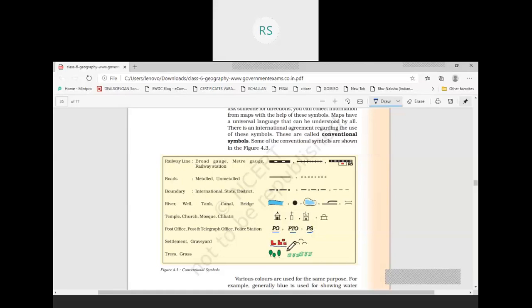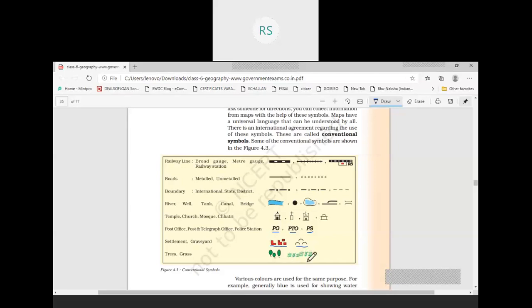This is the symbol for settlement, and then this is the symbol for graveyard. So we can see various types of features are shown by using different symbols, and this is the symbol for trees, and this is the symbol for grass. So these are the conventional symbols.